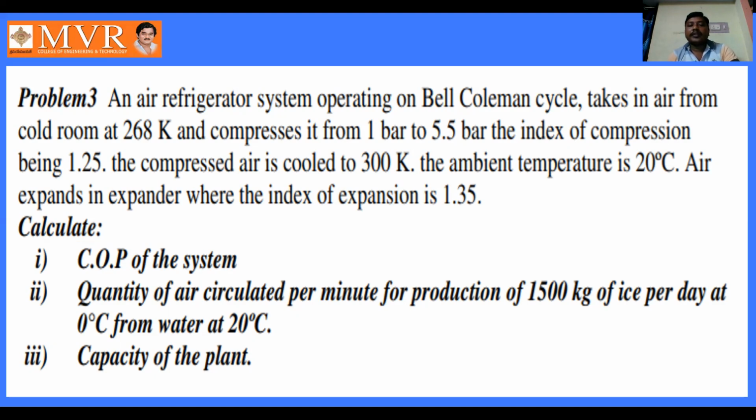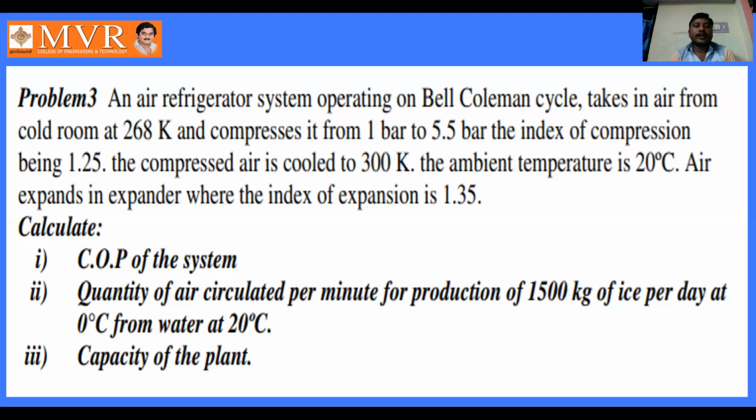The ambient temperature is 20 degrees Celsius, and air expands in the expander. After completing the compression process, the air enters into the cooler. There the temperature has been given, and after the cooler, the air enters into the expander. There the index of expansion, meaning gamma, should be taken as 1.35.